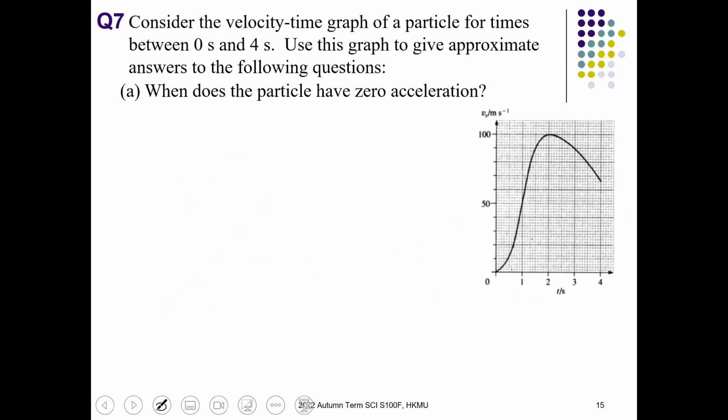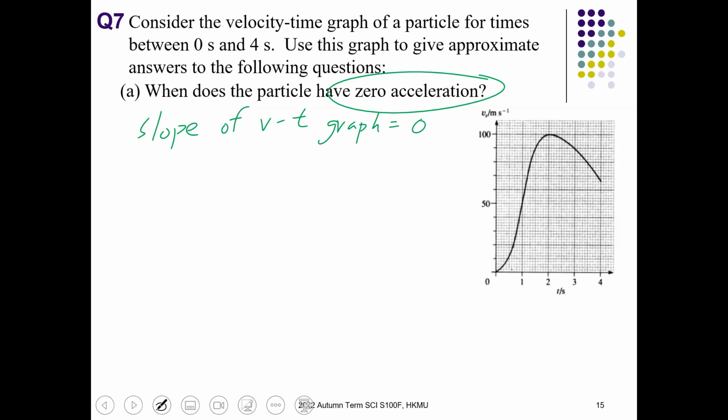Again, in question 7, we start from a graph. We consider a v-t graph between t equals 0 and 4 seconds. First of all, we need to determine when the particle reaches 0 acceleration. From the v-t graph, if we find the slope, we know the acceleration. We need to consider the slope of the v-t graph equal to 0.